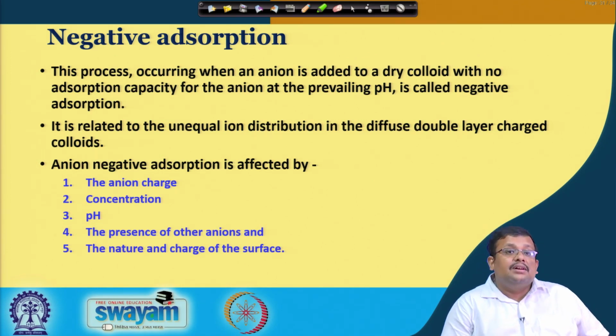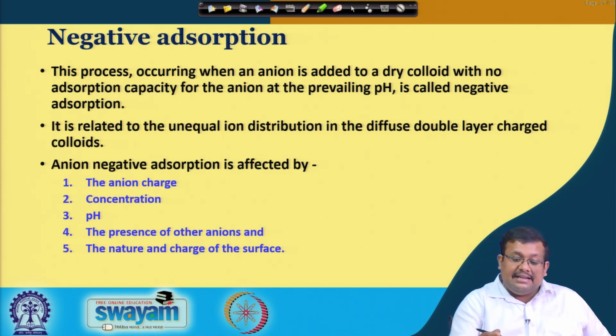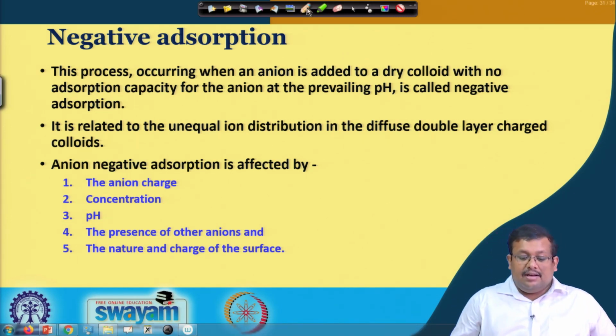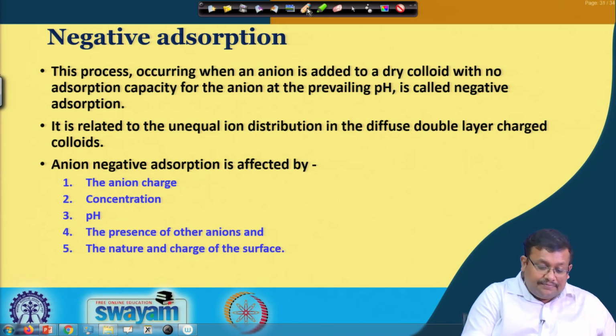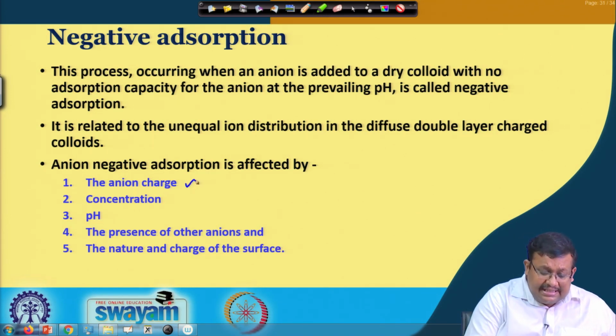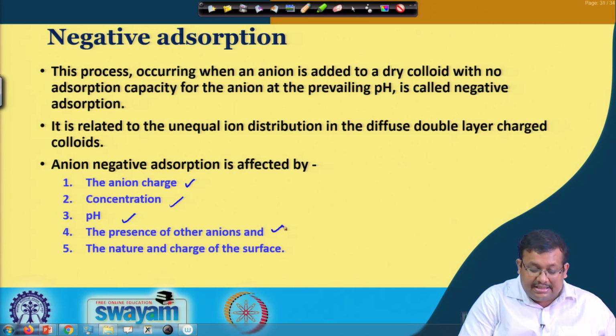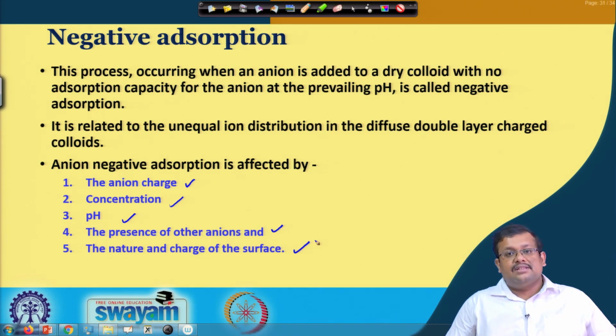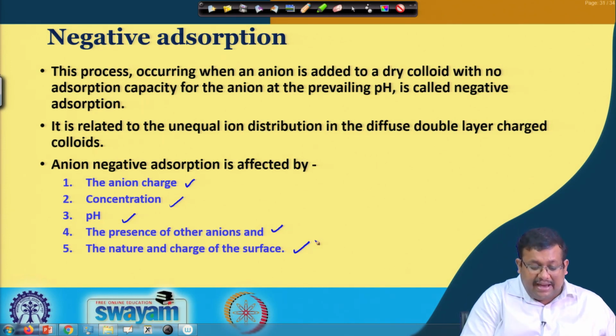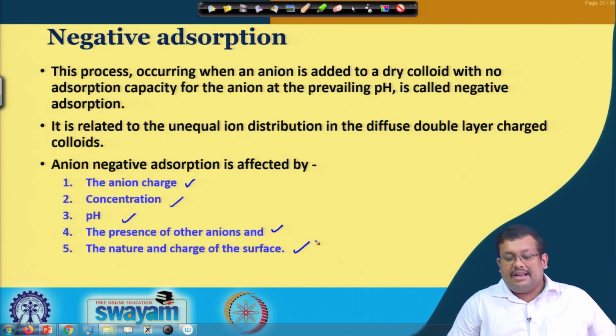Anion negative adsorption is basically affected by certain factors. These factors are the anion charge, the concentration, the pH, the presence of other anions, and the nature and charge of the surface. These are the major things which impact anion negative adsorption.